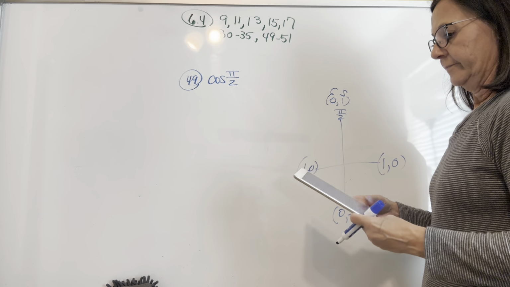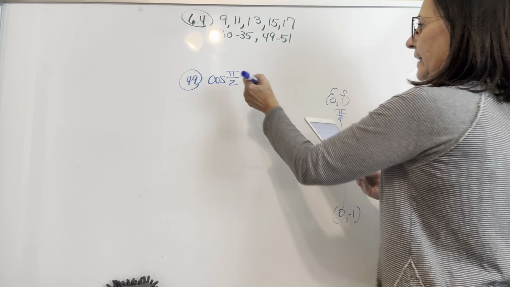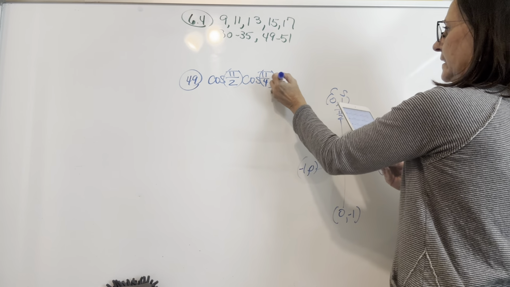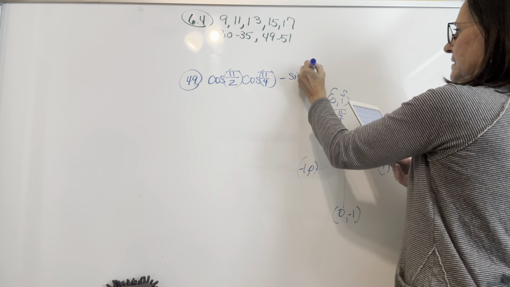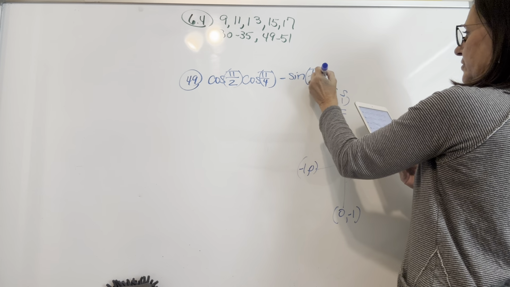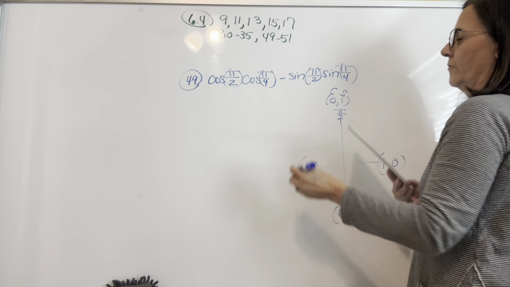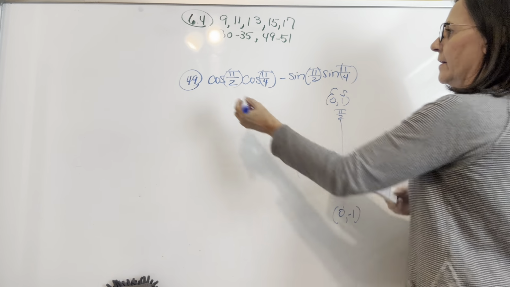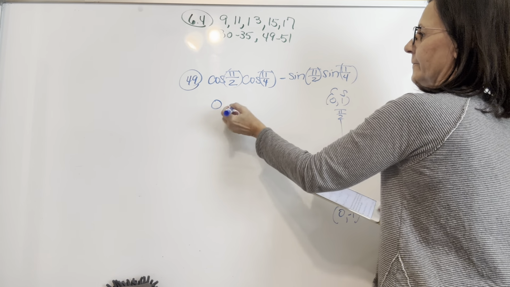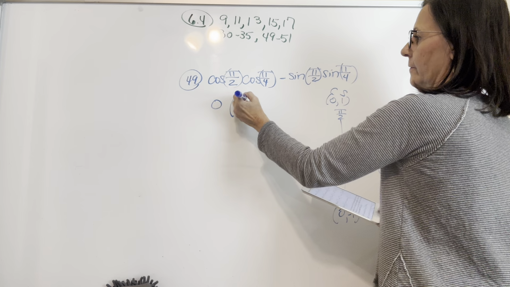I'm going 49. And this is multiplied times the cosine of pi over 4 minus the sine of pi over 2 times the sine of pi over 4. The cosine of pi over 2 is 0 times square root of 2 over 2.